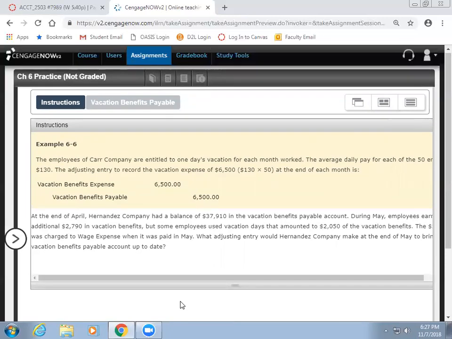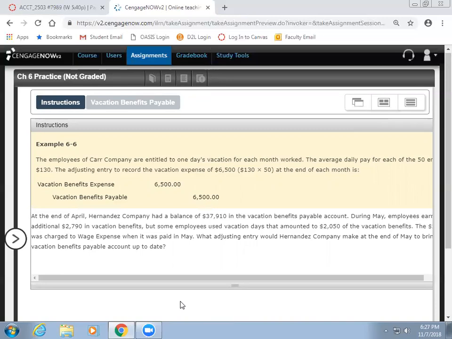That's an expense to us as a company of $6,500. So every month we would log this vacation benefits expense at $6,500. And that's pretty common.